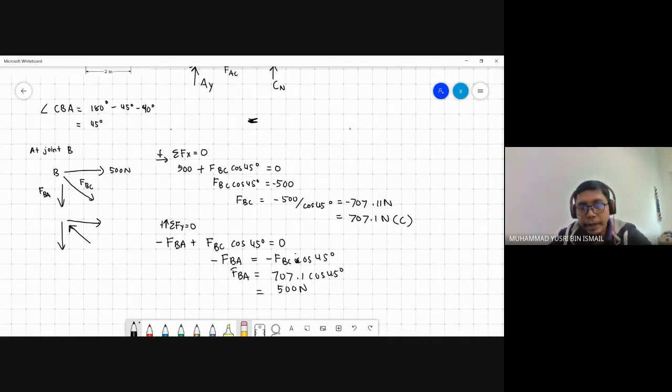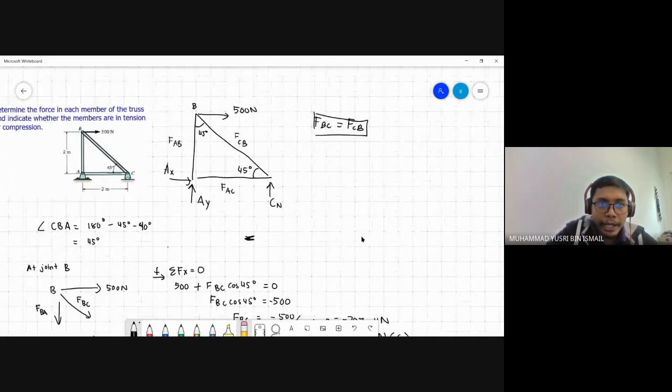You have 500 Newton. Now look back at your assumption. Since your assumption is tension, and you have a positive value, it means that your assumption is correct. So it is in tension.